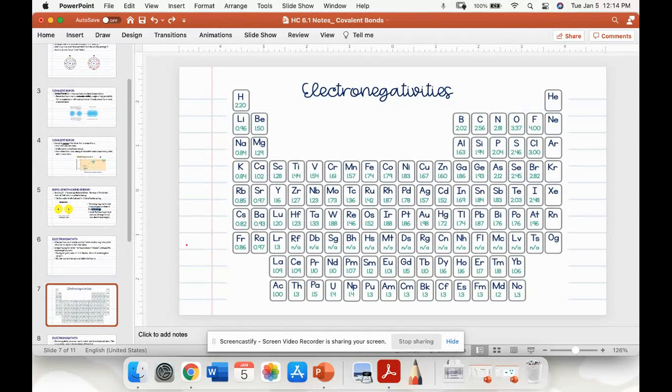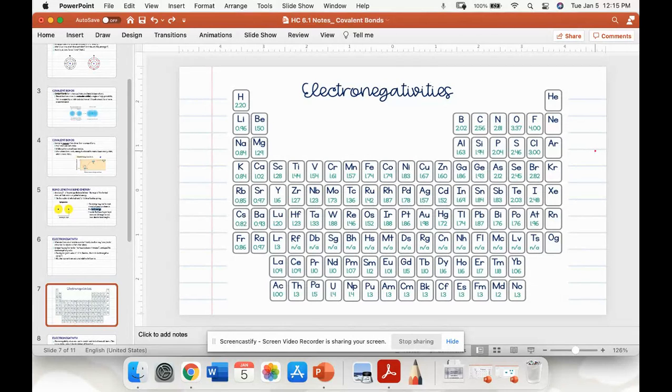If you look at this electronegativity chart, all of the noble gases on the right-hand side, that group 18, don't have any values. I'm not talking about the ones at the bottom down here. These elements don't exist for a long time on their own. We don't know what their electronegativity is because once they're formed, they could last for less than a second.